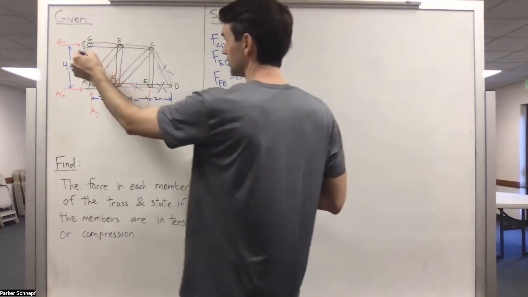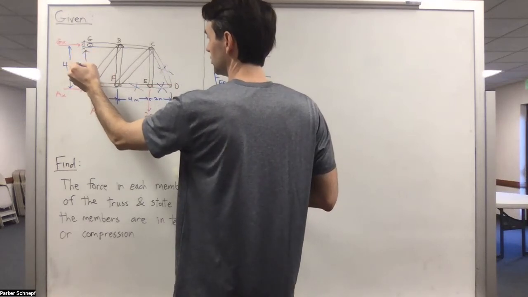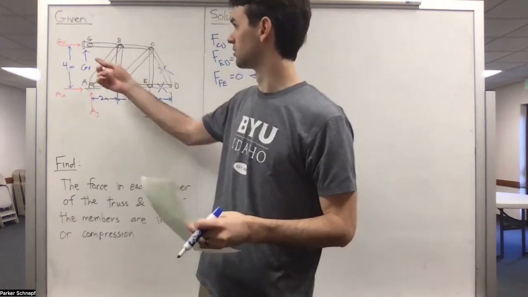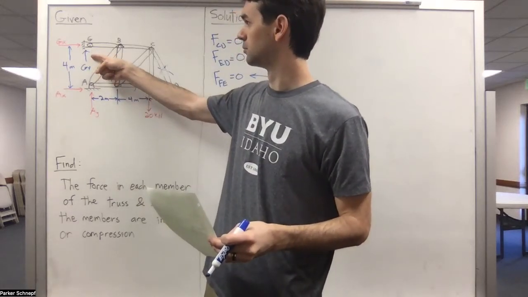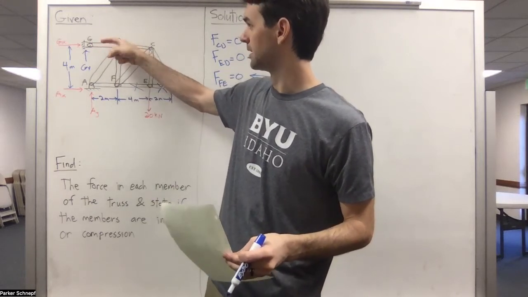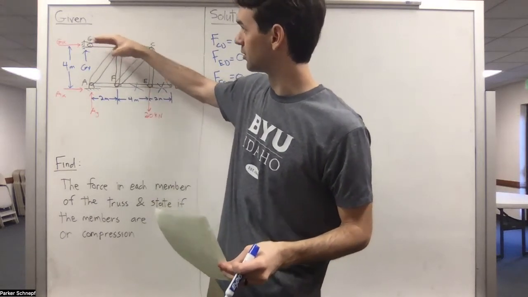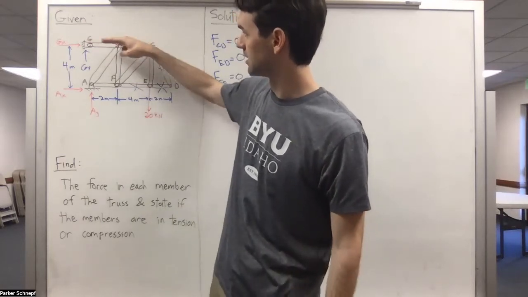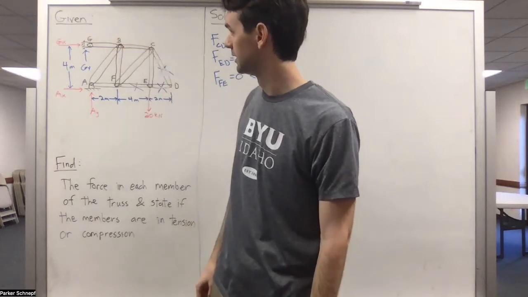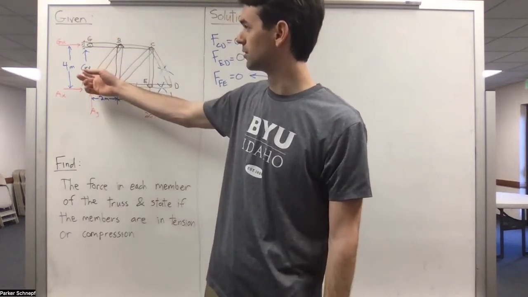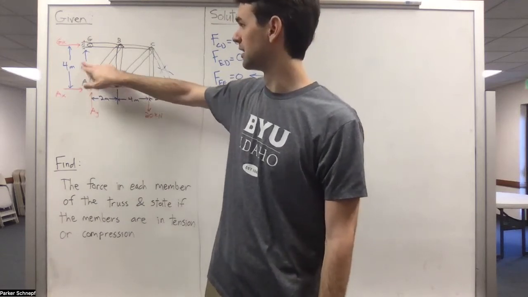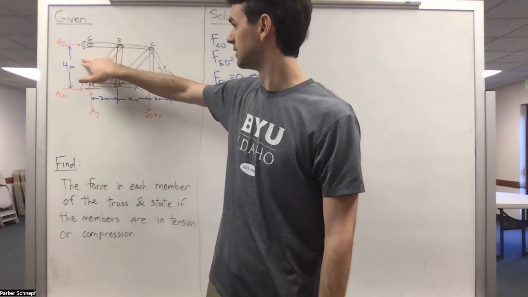Technically, you could write one, you could say there's a G_Y, but by inspection, you know that it's got to be zero, because this beam is a two force member, so it can only support a force collinear to it. There would be nothing for G_Y to resist. So by inspection, G_Y is zero.